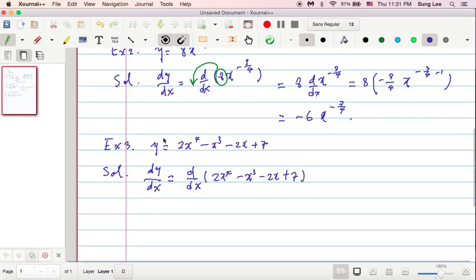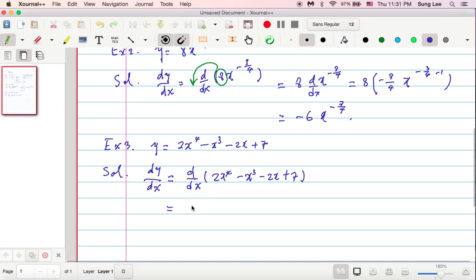In this case, this polynomial can be considered as a sum of those four terms.